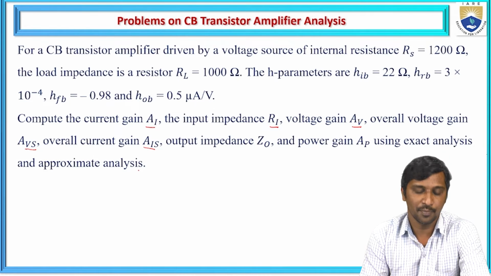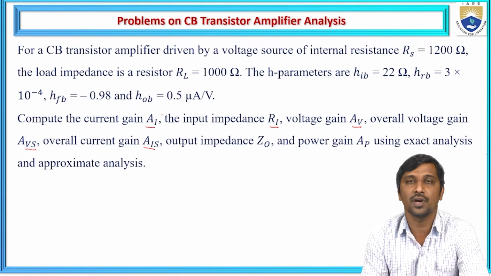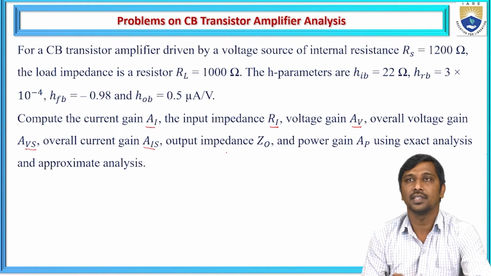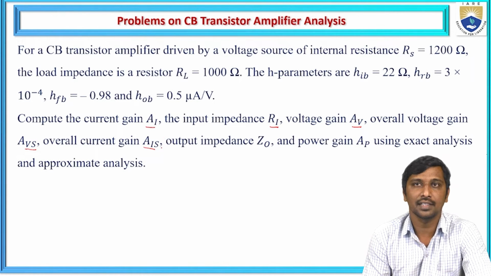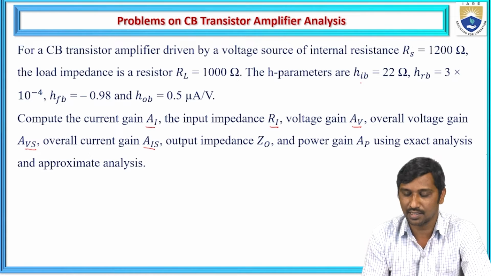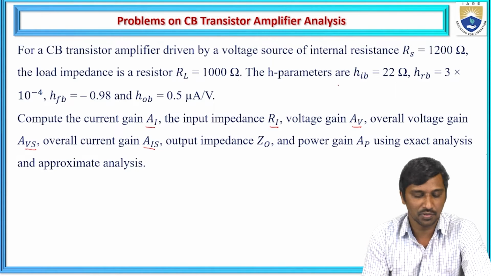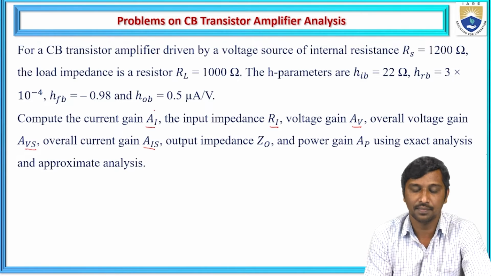In the approximate analysis, we check that HOB times ZL must be less than 0.1. Then we go with the approximate analysis. In the exact analysis, we need to consider all four H parameters: input impedance, reverse voltage gain, forward current gain, as well as the output admittance.